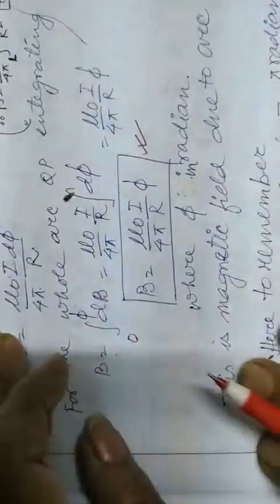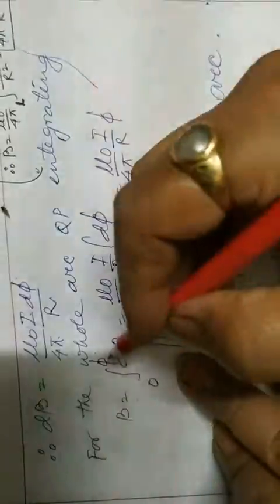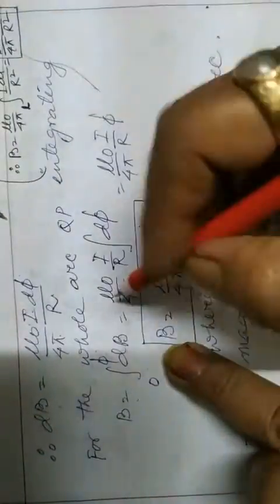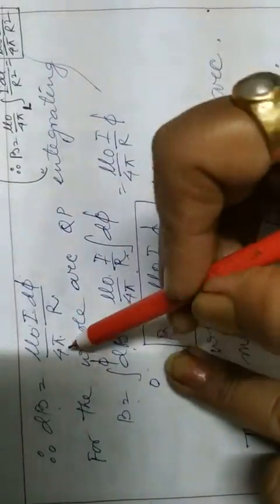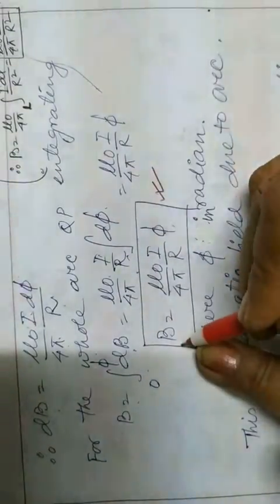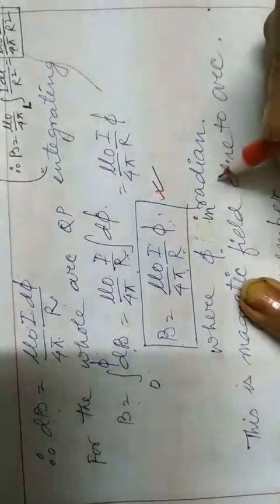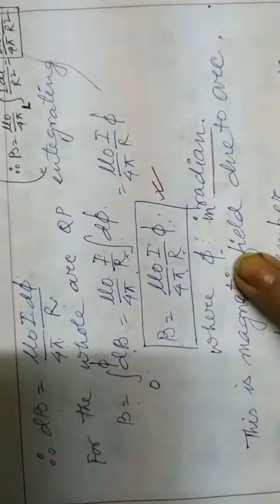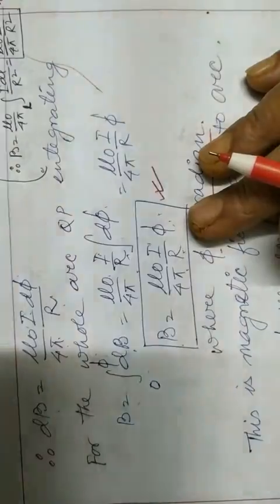If we integrate for the angle phi, it will be equal to mu 0 by 4 pi I by r, integral of d phi. So B is equal to mu 0 by 4 pi I by r phi, where this phi is in radian. This formula we can use for the magnetic field at a point for an arc.